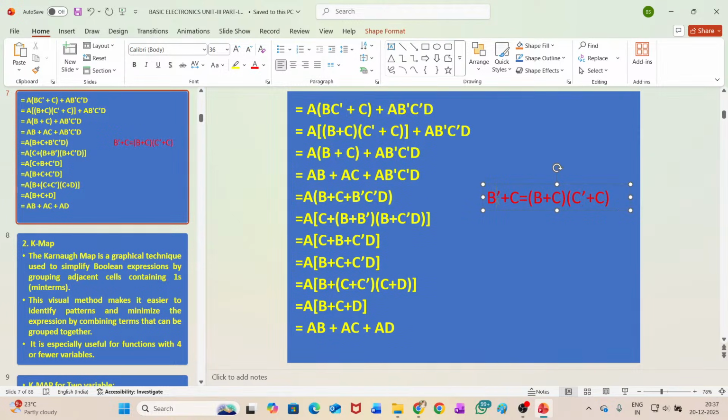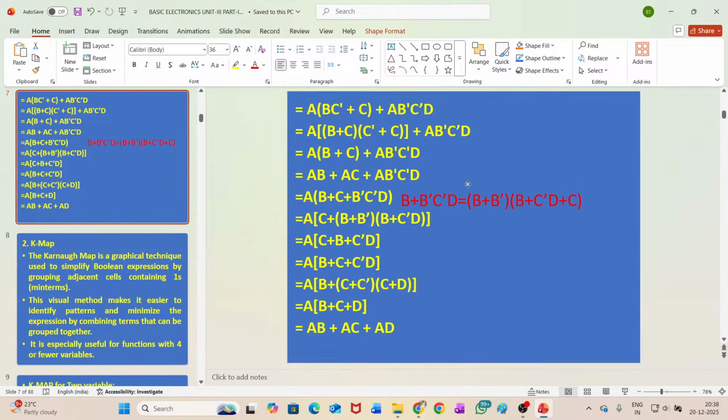B plus B bar C bar D, you can rewrite it as B plus B bar into B plus C bar D, according to one of the Boolean algebraic rules.